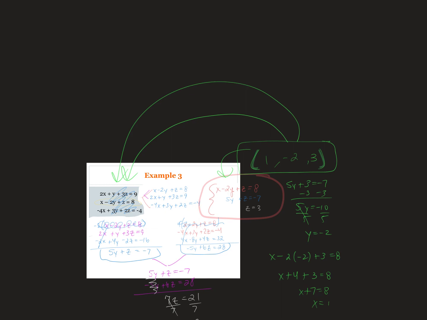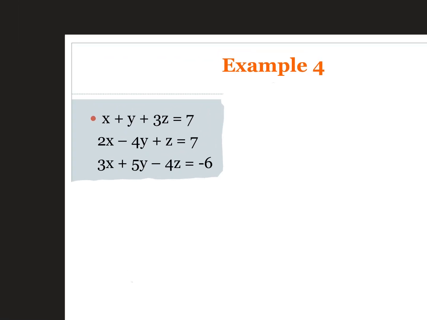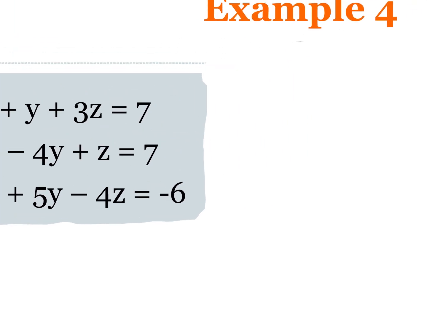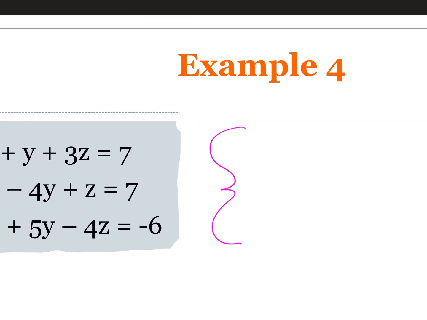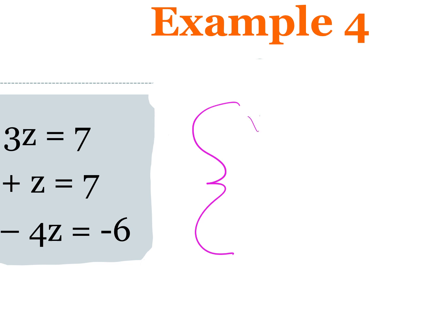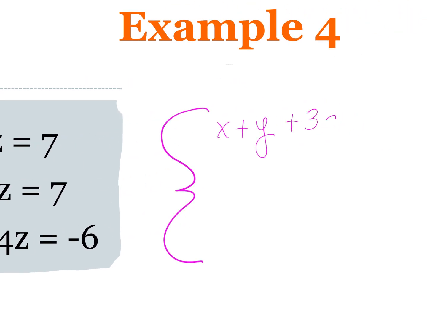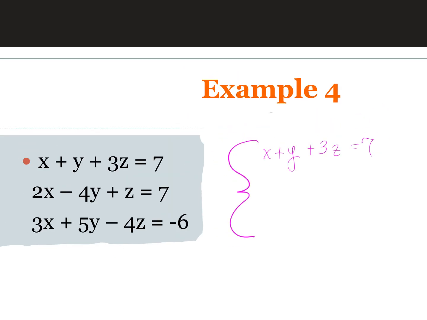Yeah? Okay. So make sure we got the hang of this. All right, this is set up for us like a layup. Why is this one already set up for us? What do you notice? The first equation starts off with a positive 1x, right? So let's just go ahead and say, okay, my first equation is x plus y plus 3z equals 7.